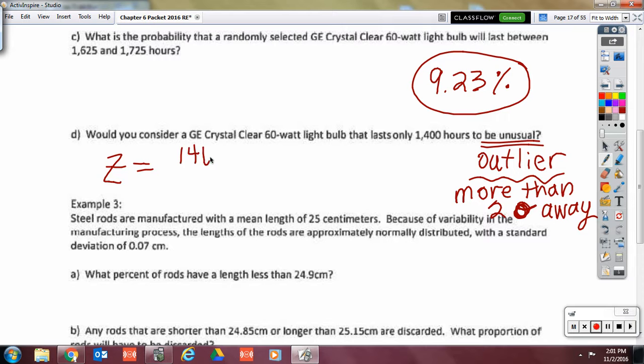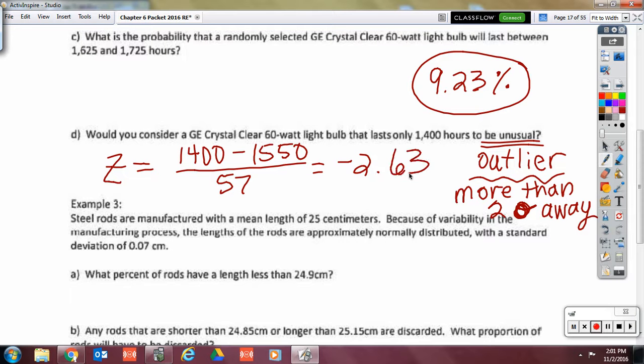So you do the 1,400 minus the mean over the standard deviation, and that is negative 2.63. So would you consider negative 2.63 to be an outlier? Is negative 2.63 standard deviations down an outlier? Yes, because it is more than 2 standard deviations.